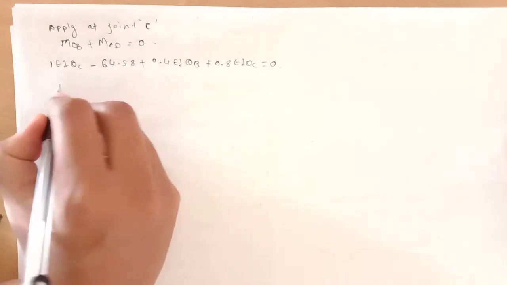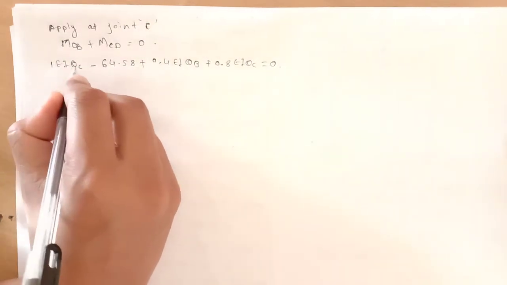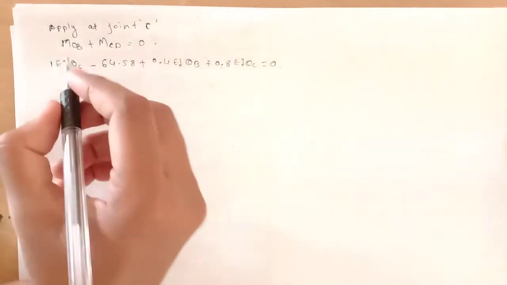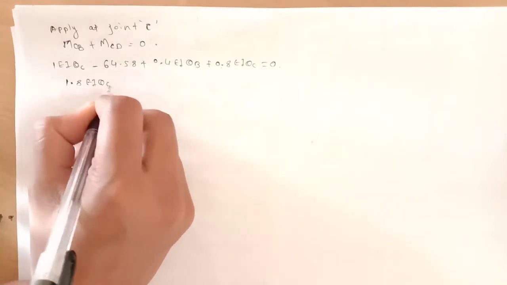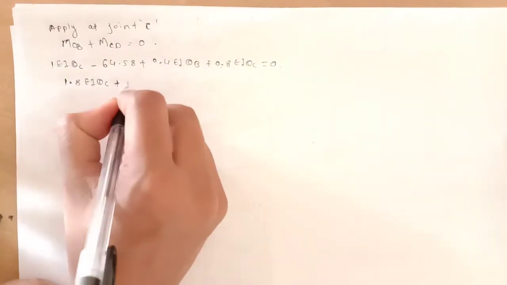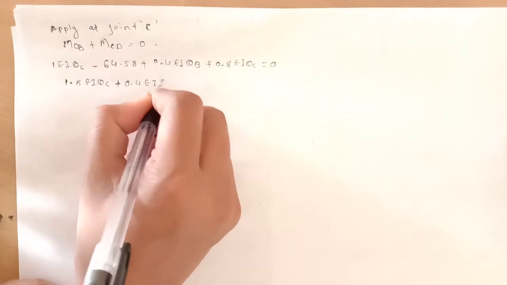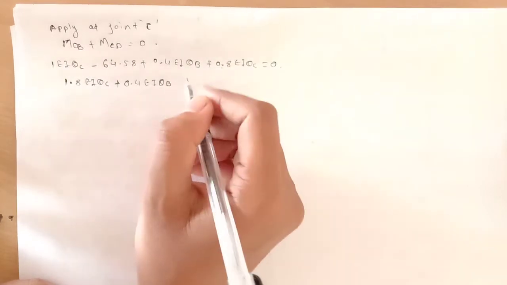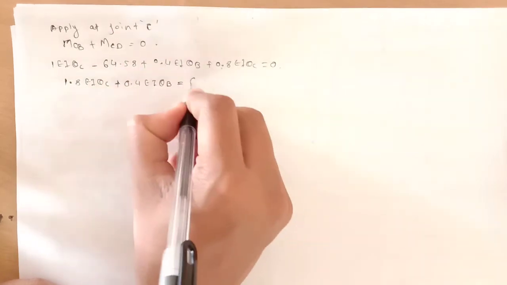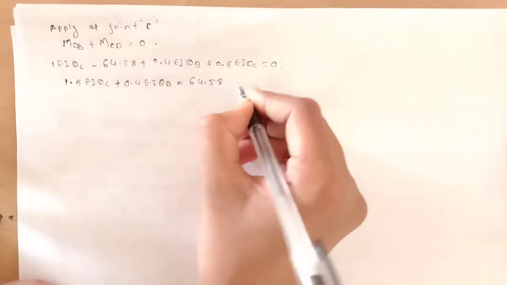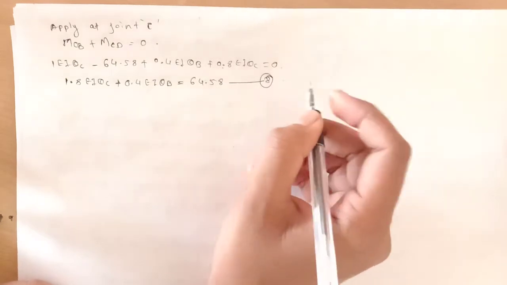So here solve this equation. Here EI theta C plus 0.8 EI theta C is nothing but 1.8 EI theta C, plus this 0.4 EI theta B is equal to this 64.58. This is equation number 8.